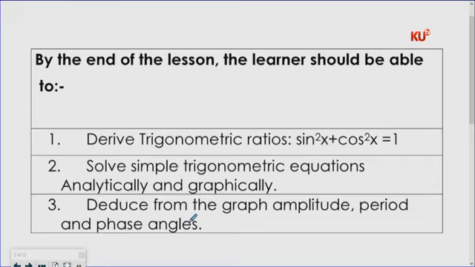Objective number 2, you should be able to solve simple trigonometric equations analytically and graphically. And finally, the third and last objective of the lesson today, you should be able to deduce from the graph the amplitude, the period, and the phase angle.